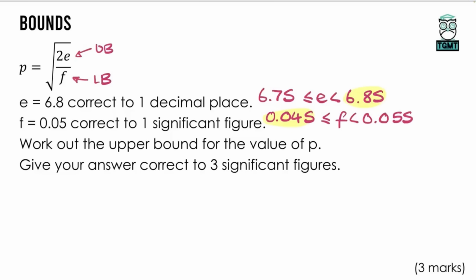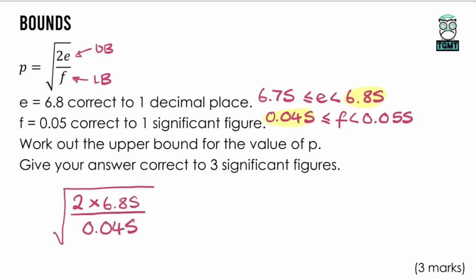So what we need to do is type that into our calculator. So we're going to do the square root of 2 times 6.85, and on the bottom we're going to do 0.045.